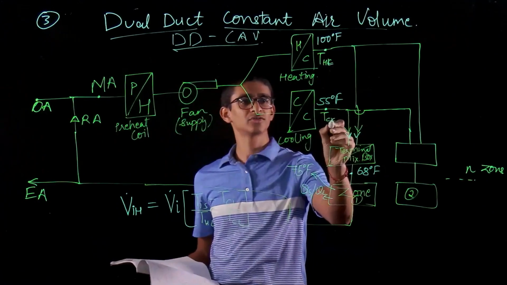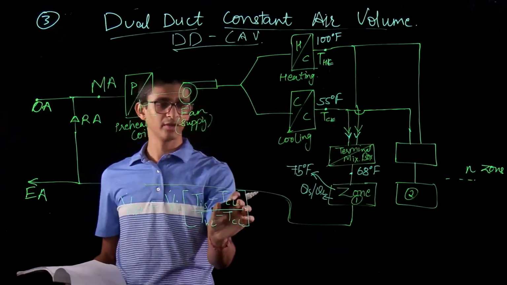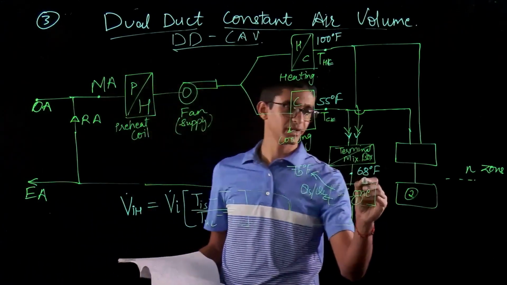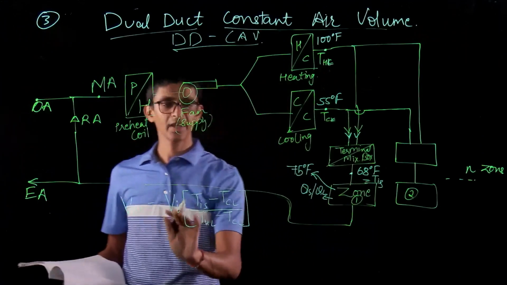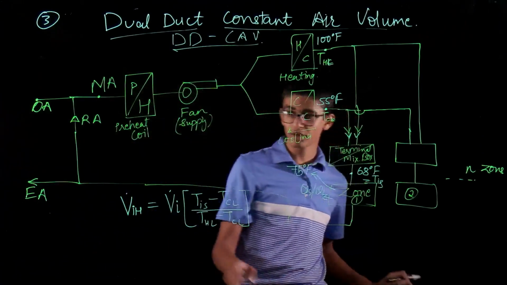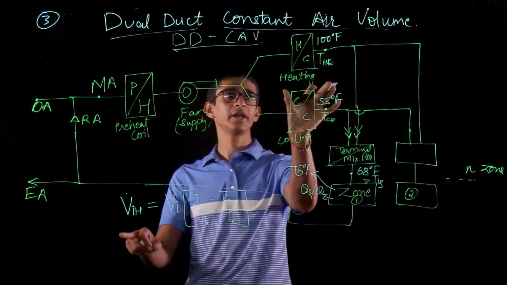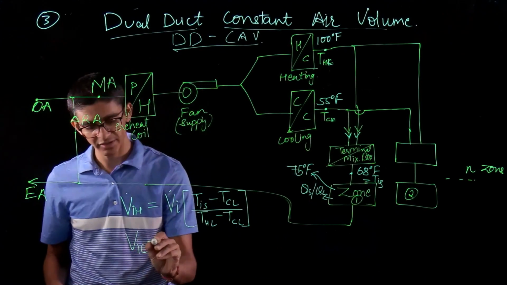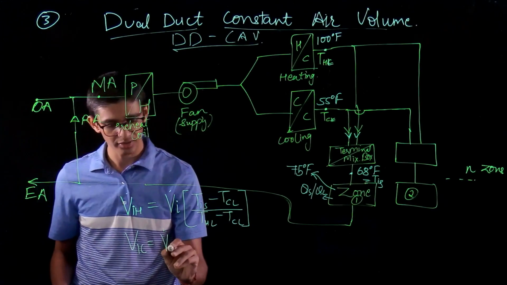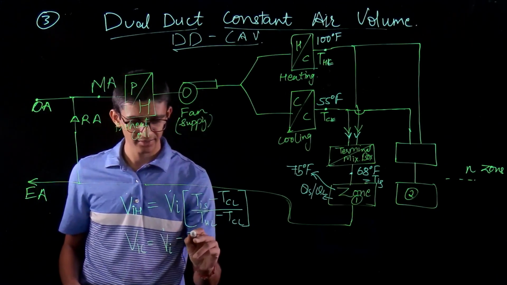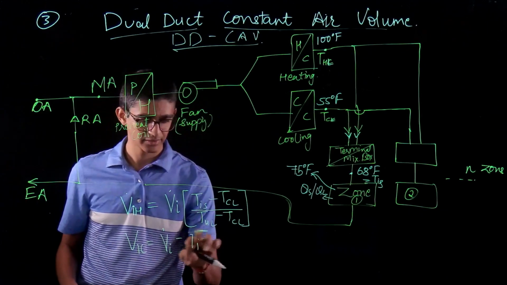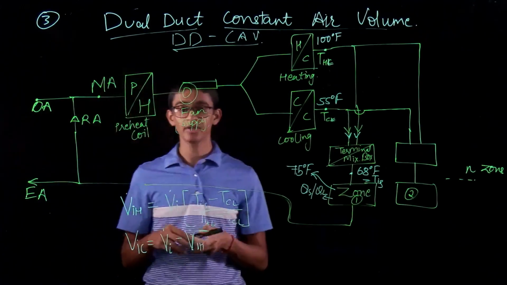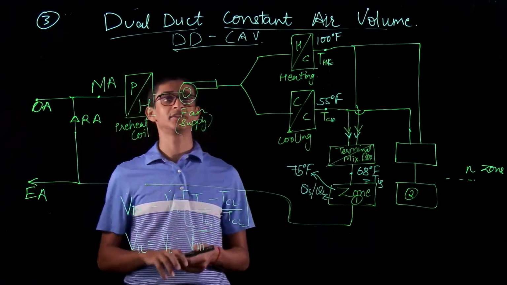Here TCL is the cooling coil leaving temperature and THL is the heating coil leaving temperature, Tis is the supply temperature, and Vi is the supply volume to that zone. That volume is still constant, but the amounts of hot air and cool air are decided using this formula. And obviously Vic will be Vi total minus Vih.